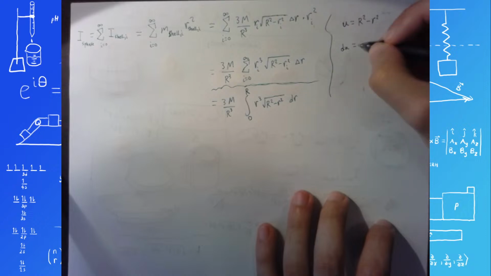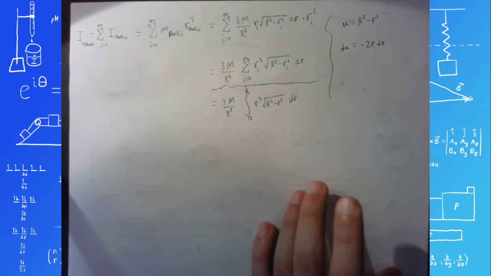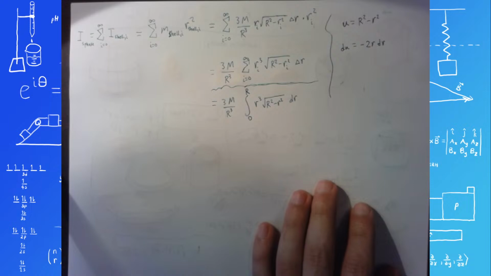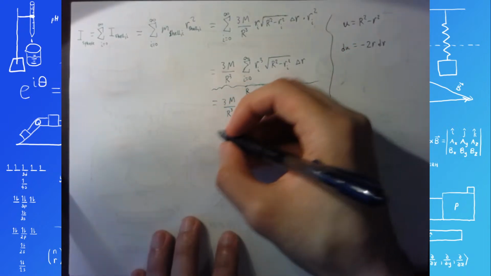Derivative of a constant is just 0. Derivative of negative r squared is going to be negative 2r dr. And let's see what we can do with that.